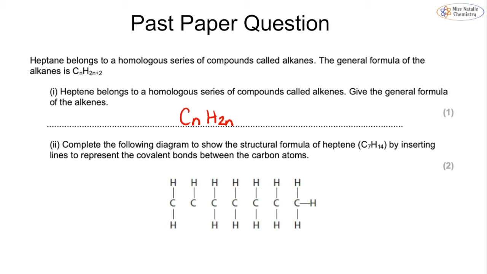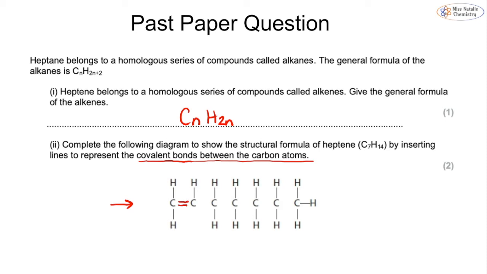Now we want to complete the following diagram to show the structural formula for the heptene by inserting the lines to show the covalent bonds. Now what you will notice, we need to now count how many hydrogens we have. We cannot add any hydrogens. All we can do is add the covalent bonds between the carbon atoms. So if we look at the carbon on the end, on this side, you can see that it only has 2 hydrogens. And we know that carbon has to have 4 bonds, which means I must have my double bond here, because I cannot add on another hydrogen.